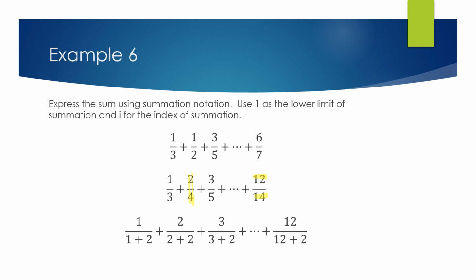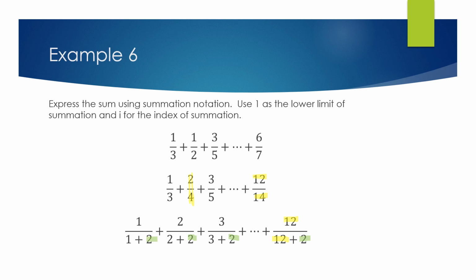So we have 1 over 1 plus 2, 2 over 2 plus 2, 3 over 3 plus 2, so on and so forth. So we can see that this numerator and the first term of the denominator is the same, and that we are adding 2 each time.